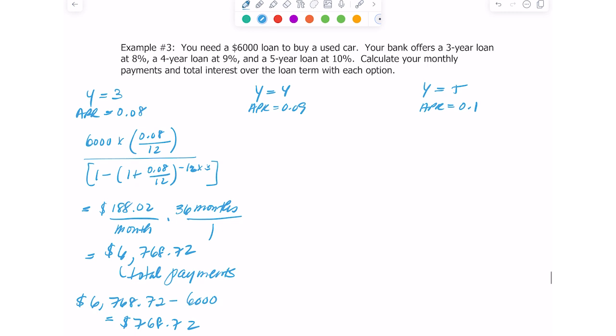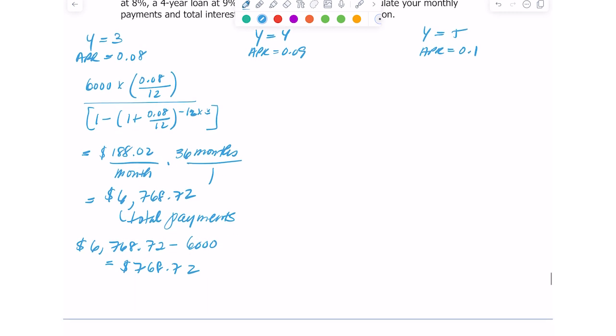Okay, so that's total interest. You would do the same thing for y equals 4 and y equals 5. For y equals 4, you're just going to change this to 0.09, right? And then the y would turn into 4. And for y equals 5, of course, the y would turn into 5, and then the rate would be 0.1.